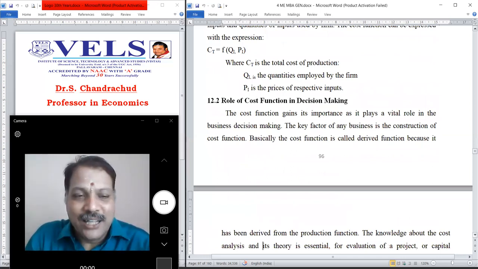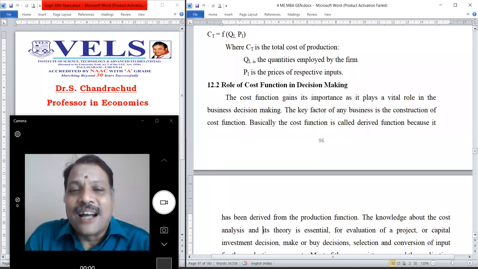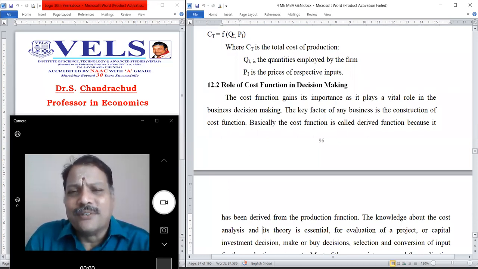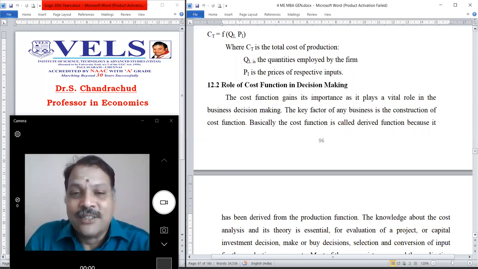Let us move to the second part, that is role of cost function in decision making. The cost function gains its importance as it plays a vital role in business decision making. The key factor of any business is the construction of the cost function.